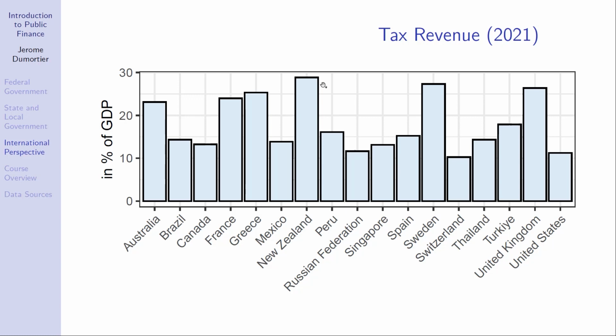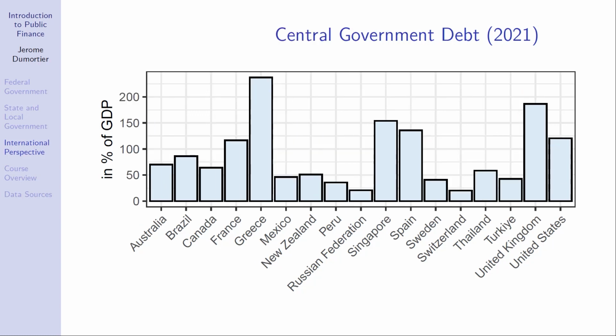Now the question is, how does the US compare in terms of central government debt? Again, this is in percent of GDP. And you can see that there are certain countries that have over 100% of their GDP in debt.